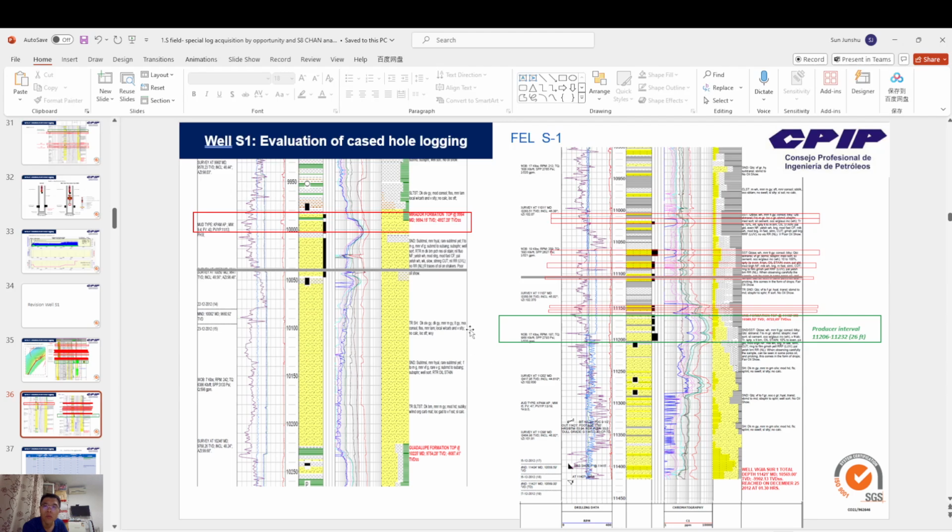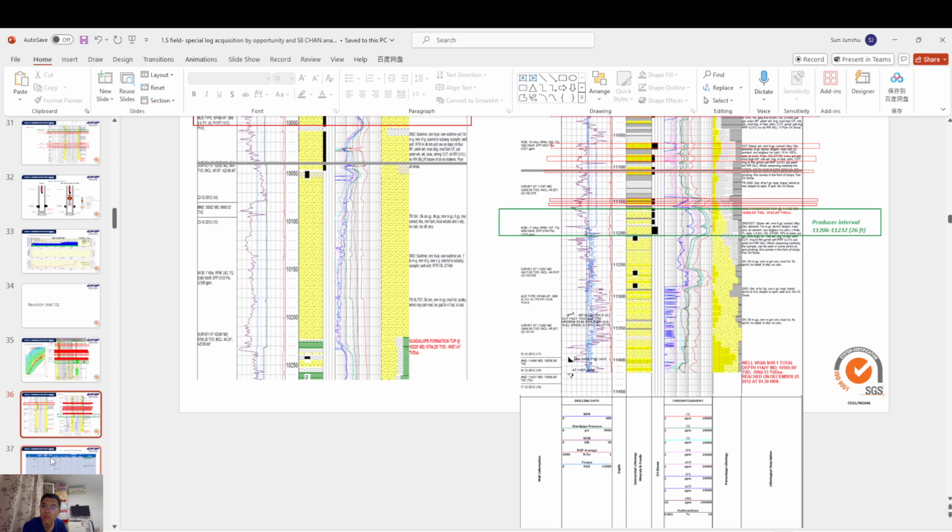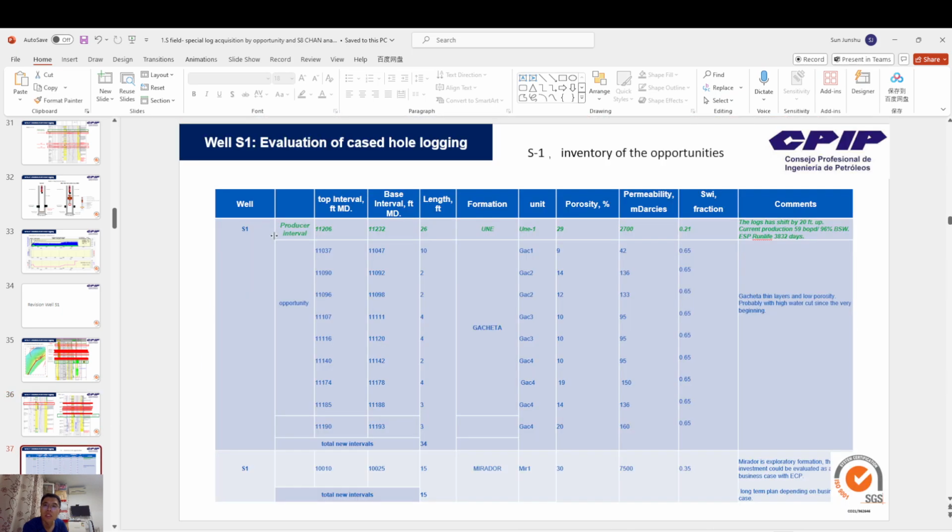From the FEL, we can see there's good oil and gas shows in the Gajita. This is the inventory of S1.